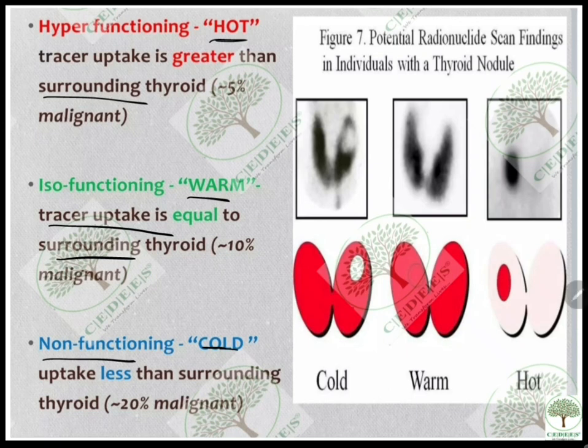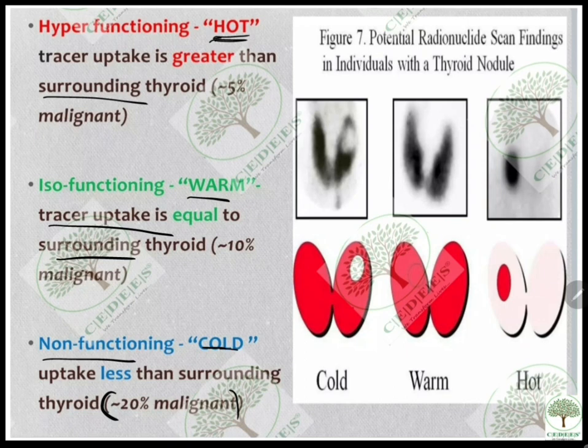Now these three possibilities also give us a clue about the possibility of the patient having cancer. Usually if you see a cold spot or a cold nodule, it could indicate that there's a higher chance of it being a malignant growth. So that is called the cold spot.